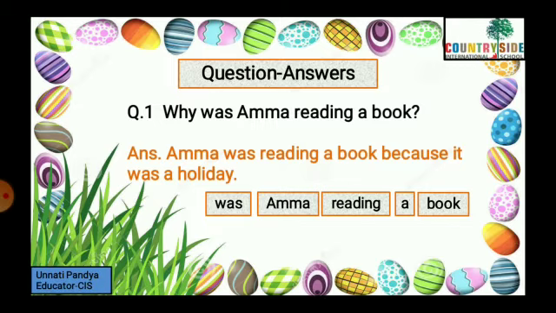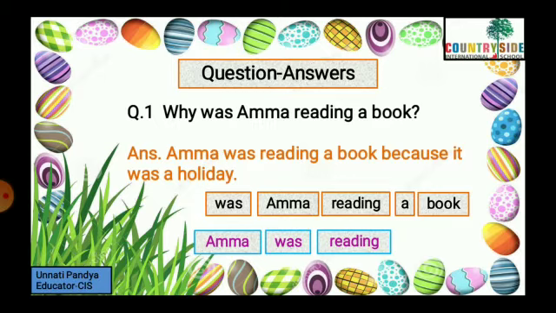Which one is correct? The second one, right? So, we will change the order of the words. Amma was reading a book. And then we add the answer to it. And what is the answer? Because it was a holiday. So that's how we frame the answer. And at the end we put a full stop.